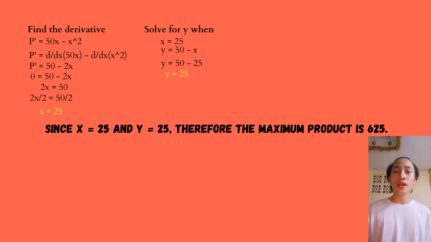So the y is equal to 25. So in conclusion, since x equals 25 and y equals 25 also, therefore the maximum product is 625.